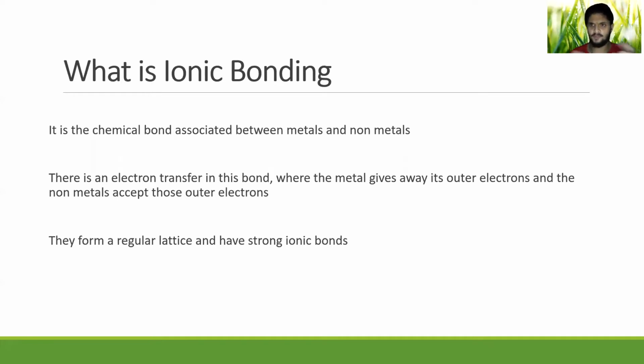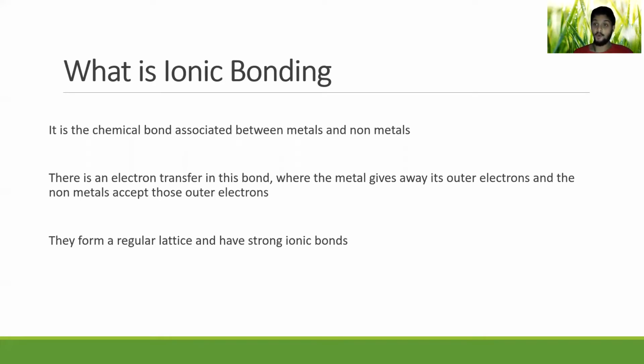So how does this ionic bond happen? We know these two are the participants, but how do they react? This bond involves electron transfer. When I say electron transfer, that means one of the substances gives away its electrons, whereas the other accepts those electrons. Here we refer to the giving away of the outermost electrons, the electrons present in the outermost shell.